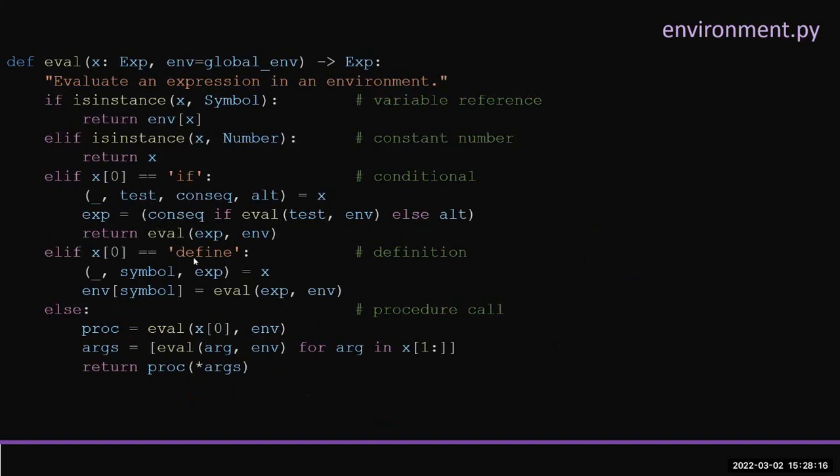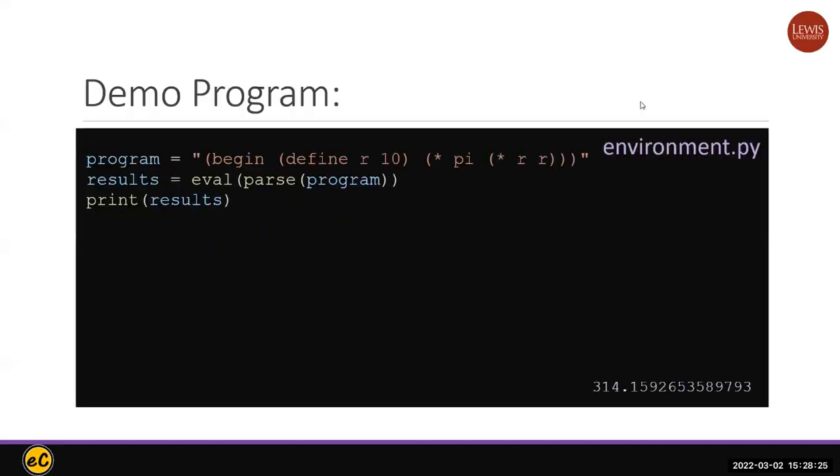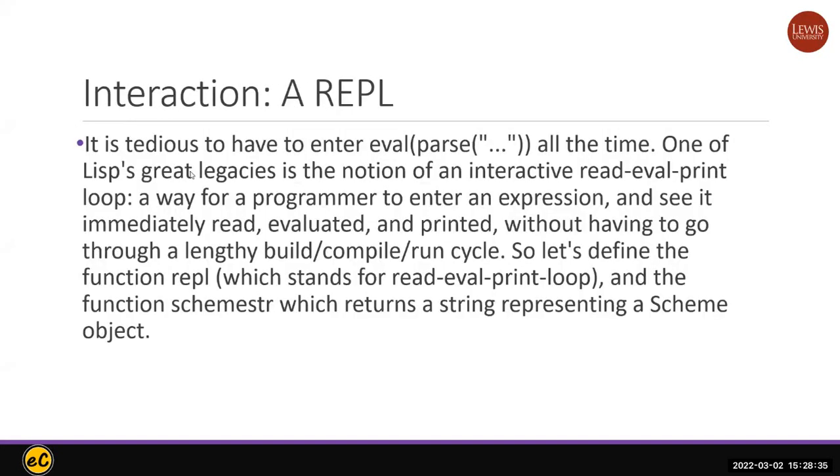So these are the 5 forms for this language, this P language, and it's defined in the environment. We have the program, we will parse it, and then we will evaluate it and get the result.